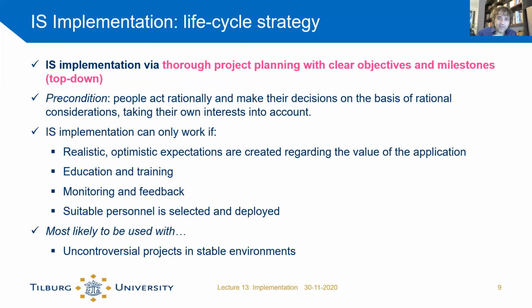And this one only works when you have people in an organization who are educated, who understand the technology and who understand the change that is needed in an organization, and who are basically already a bit willing to accept the change. And the basic philosophy behind this implementation strategy is that people act rationally and make their decisions on the basis of rational considerations, taking their own interests into account.